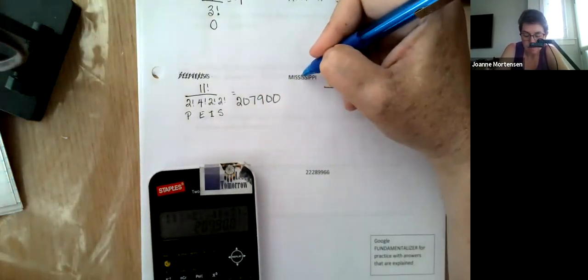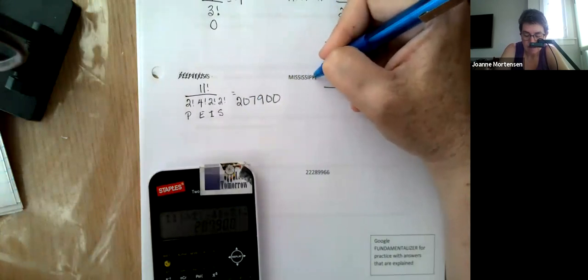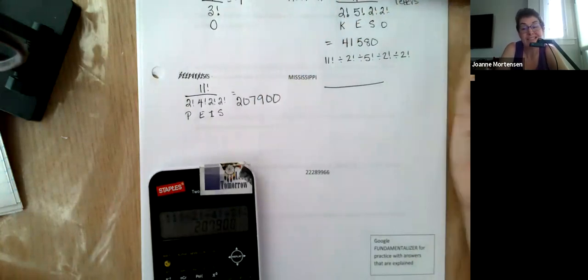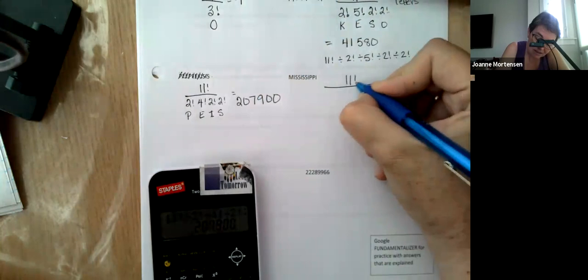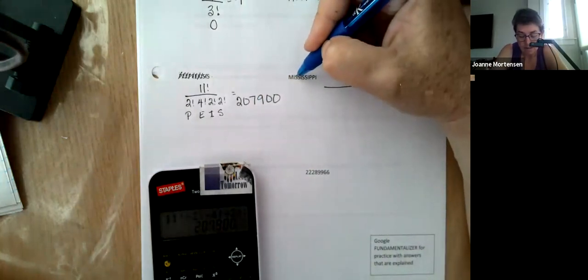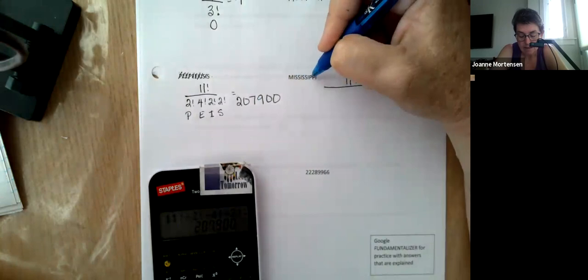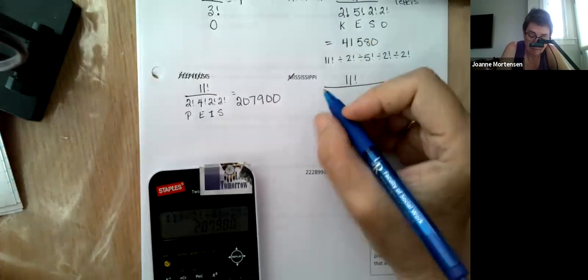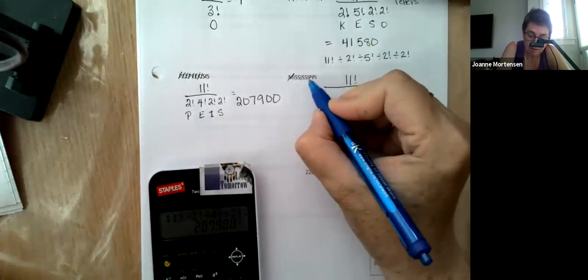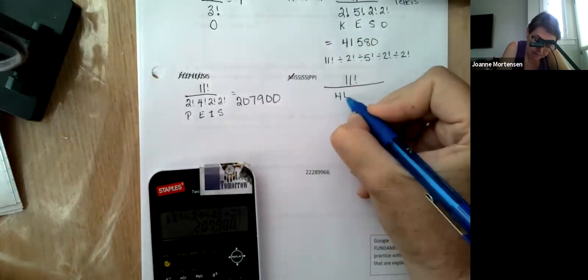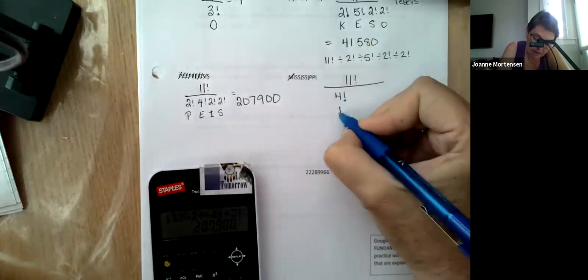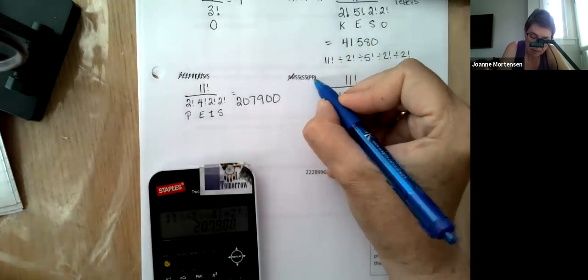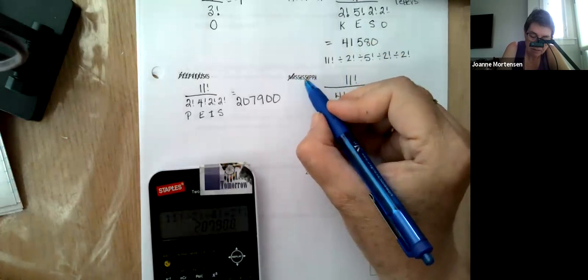All right, Mississippi. 1, 2, 3, 4, 5, 6, 7, 8, 9, 10. Oh, sorry. Apparently I should have checked these out before. Because look, it's 11 again. All right, there's only one M, so I'm just going to cross it off. Now we've got 1, 2, 3, 4 I's. And then we've got 1, 2, 3, 4 S's.